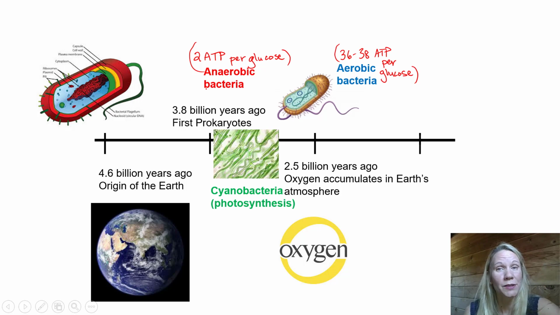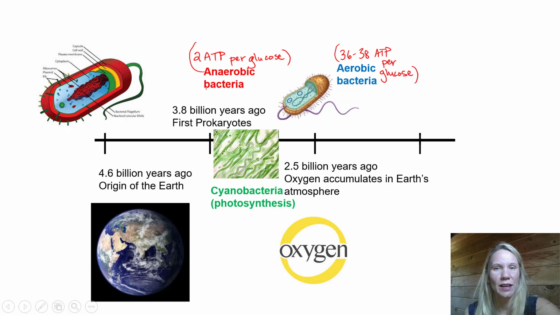And remember where it uses that oxygen: in the electron transport chain step of aerobic cellular respiration. So this is a huge advantage and would explain how these aerobic bacteria began to develop. And this would also give rise to multicellular complex life forms that haven't evolved yet on my timeline here.